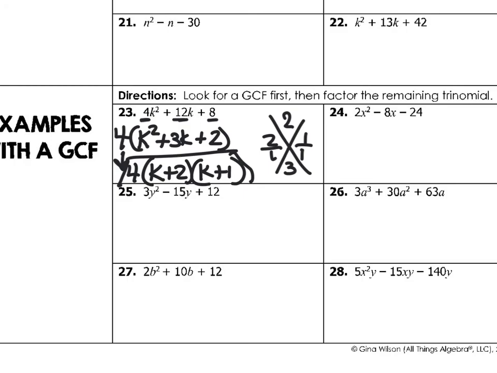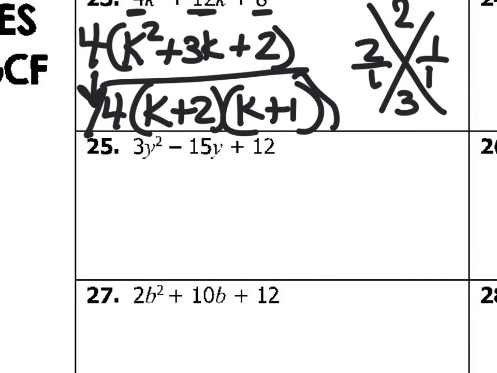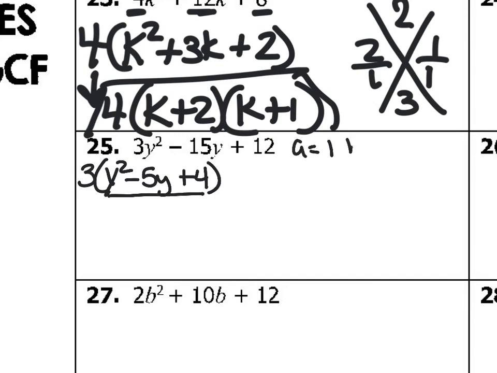All right, 3, 15, and 12. My GCF is 3, right? So it'd be 3 times y squared minus 5y plus 4. All right, so now we're going to factor this. So A is 1, B is -5, and C is 4.